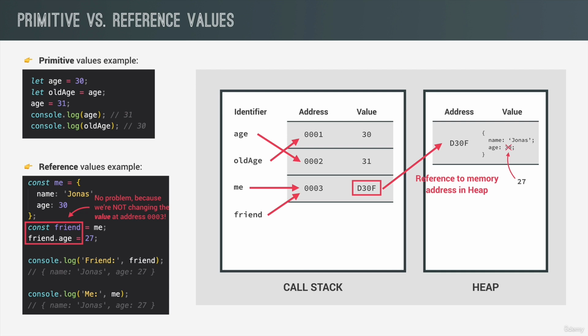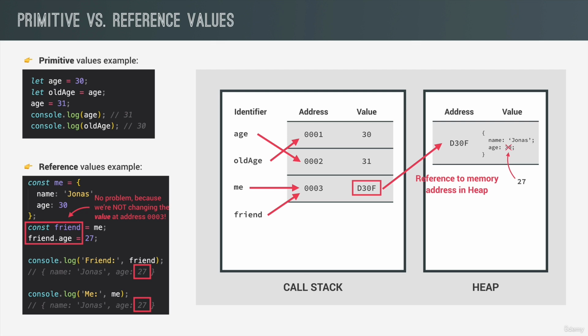But then, when we log the me object, we get that weird behavior that we could previously not explain and not understand. But with everything that we learned in this lecture, it actually now makes sense that in the me object, age is now also 27, even though we never changed me.age directly.